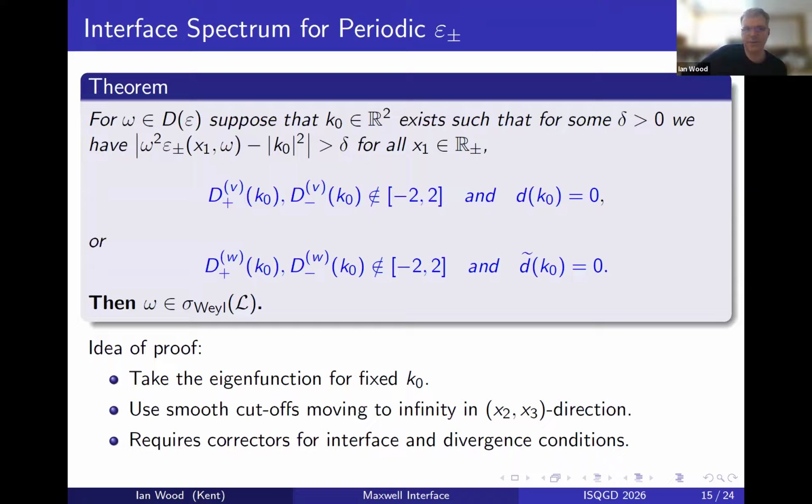It's all a bit technically involved because we need to make sure that the interface and divergence conditions are still satisfied, but this whole thing works. So from essentially the one-dimensional eigenfunction, we can generate a Weyl sequence for the three-dimensional problem.